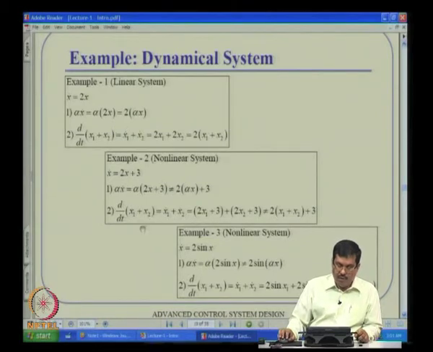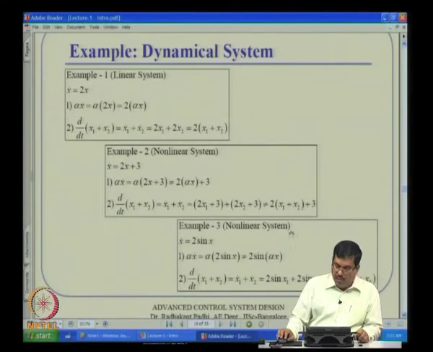I start from d/dt of x1 plus x2, then go to the next one, x1 dot plus x2 dot, and I substitute x dot = 2x + 3, that means x1 dot is 2x1 + 3, and x2 dot is 2x2 + 3. However, it is not 2 times (x1 + x2) plus 3. That is where we fall apart.